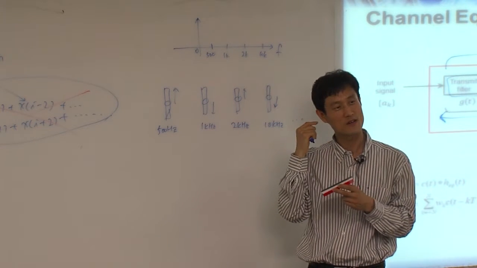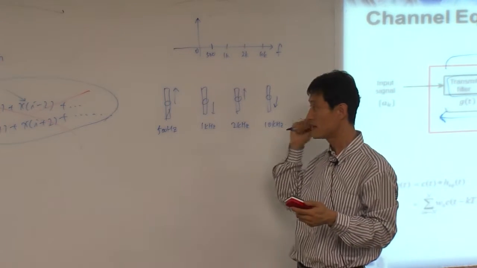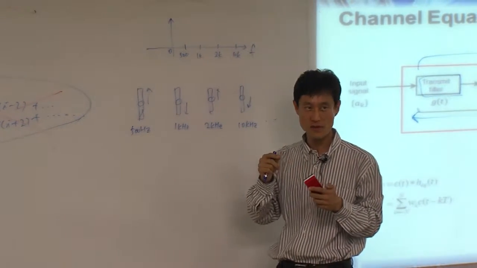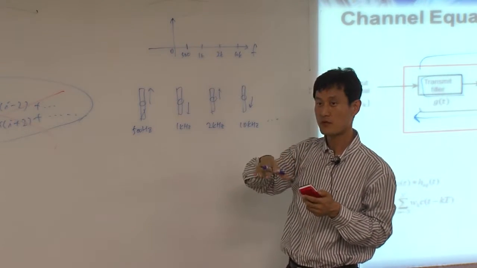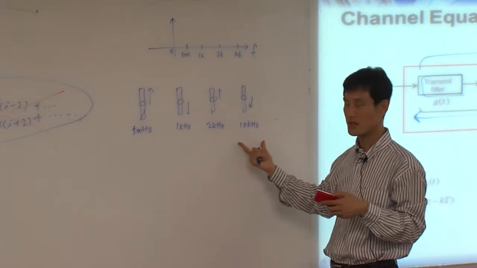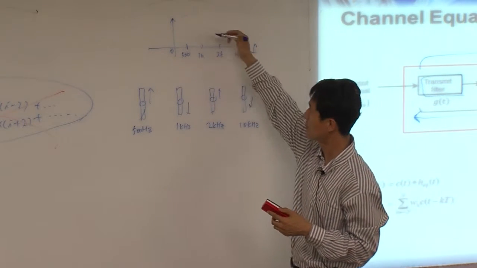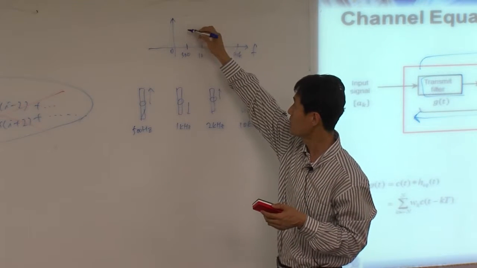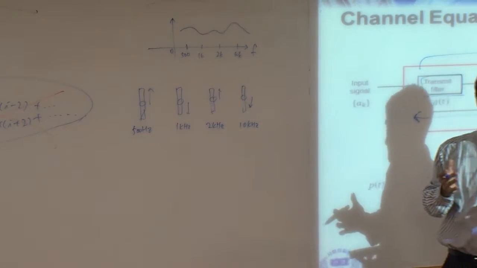Each person has a different ear. Maybe some older people have a problem listening to low frequencies. So depending on the person, they have a different capability. And also depending on the music, some music has a very strong low frequency component. Some other music has different frequency components. So let's say we have some music, and that music has this frequency response. Just an example, right?